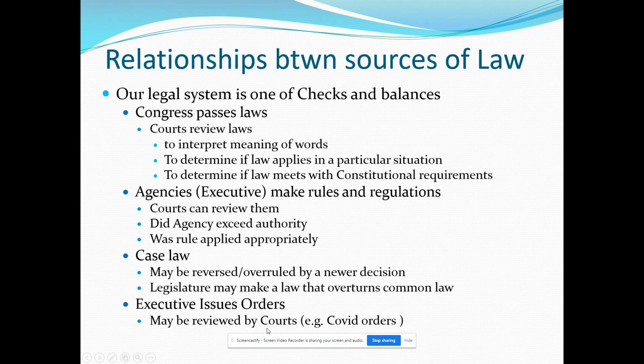You might recall that a lot of people were filing lawsuits to change or overturn Pritzker's COVID orders, saying that they weren't complying with the appropriate rules of executive orders.